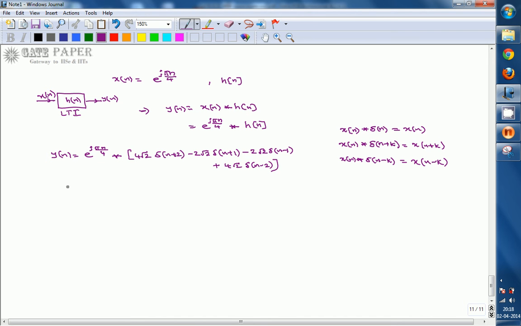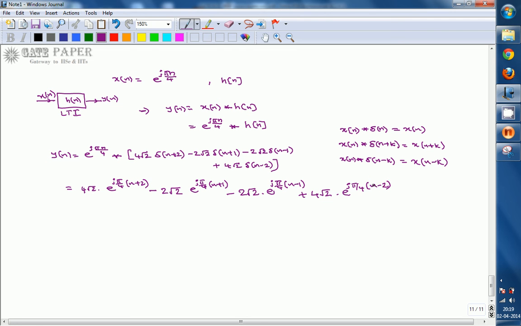Then by convolving e power j pi n by 4 with each impulse, we get 4 root 2 e power j pi by 4 of n plus 2, minus 2 root 2 e power j pi by 4 of n plus 1, minus 2 root 2 e power j pi by 4 of n minus 1, plus 4 root 2 e power j pi by 4 of n minus 2.